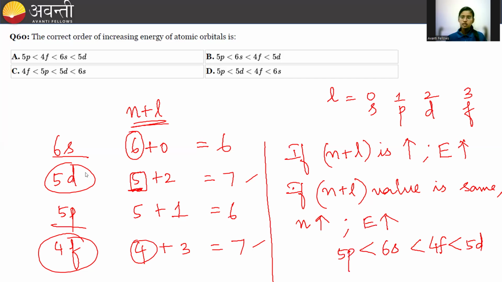So this is the correct order of increasing energy for the atomic orbitals. It is given in option B. So option B is the correct answer for this question. Now moving on to the next question.